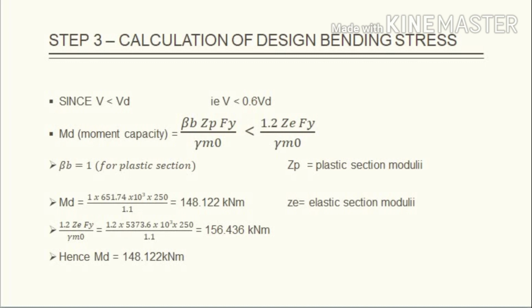Hence MD is less than 1.2 Z D Fy by gamma M0. So MD is equal to 148.122 kilonewton meter. Thank you.